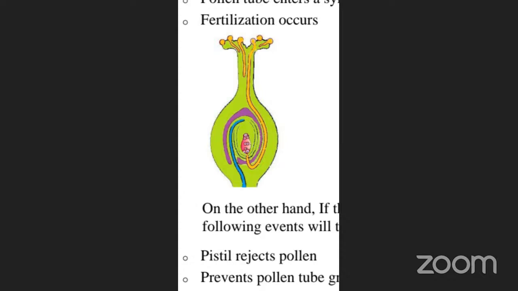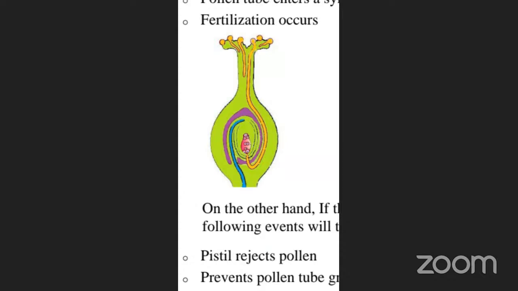The second male gamete goes to the secondary nucleus or polar nuclei. The two polar nuclei are fused, then the remaining male gamete also fuses with the two polar nuclei.